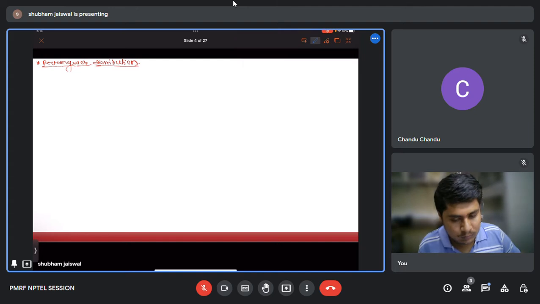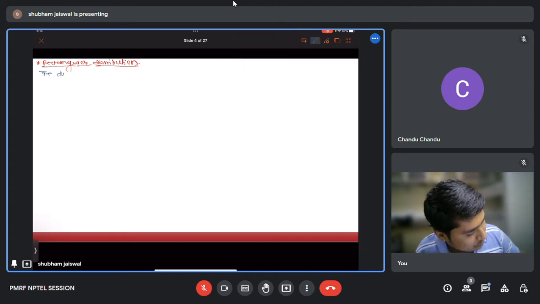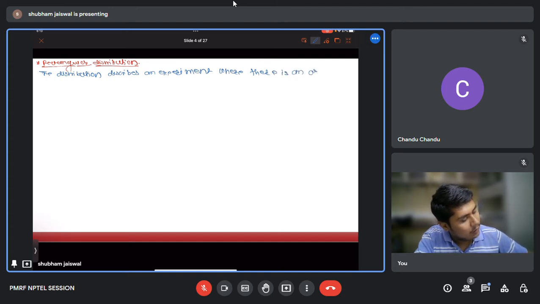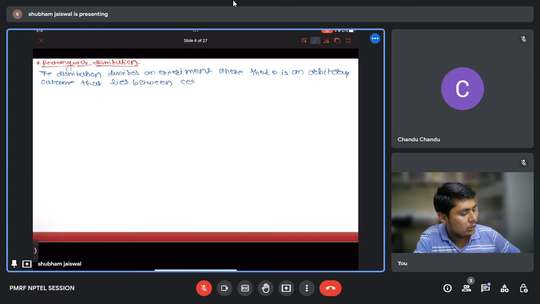So the distribution describes an experiment where there is an arbitrary outcome that lies between certain bounds.